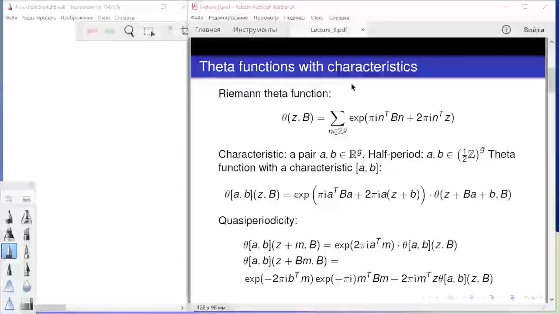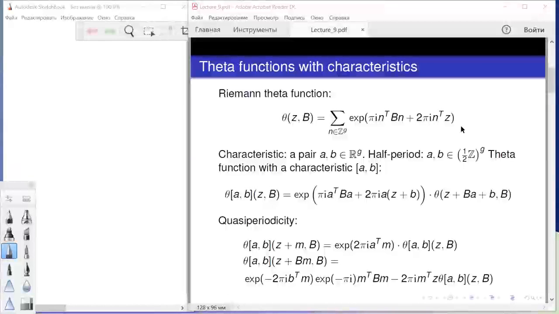So first of all, if we have a Riemann surface with matrix of B periods, capital B, then its Riemann theta function is defined by this expansion. And I will not comment on Riemann theta function.